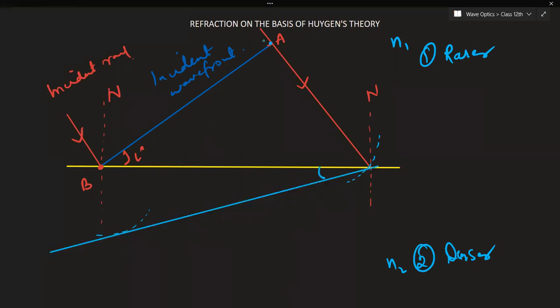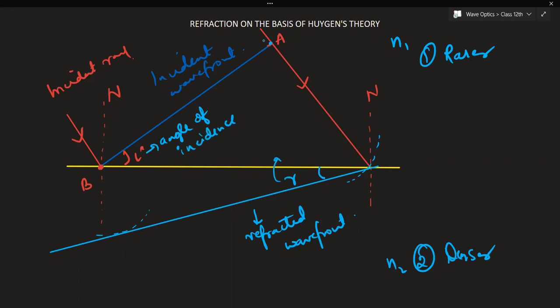So this becomes your refracted wavefront and this becomes the angle of refraction. This is the refracted wavefront. This is the angle of incidence. This is the angle of refraction.